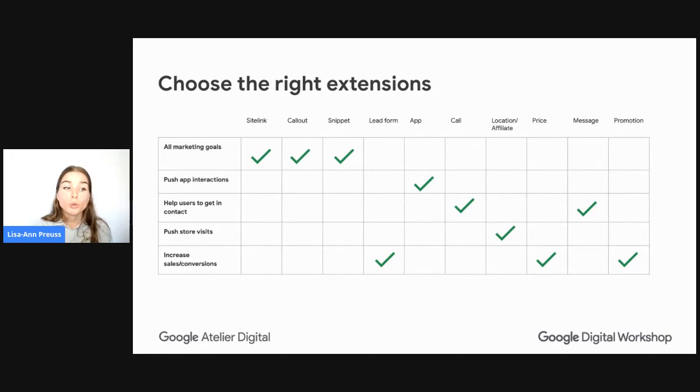For those who want to help users get in touch with them, there's the call and the message extension. For those of you who want to push store visits, there's the location or the affiliate location extension. And for those who want to increase sales or conversions, why not add the lead form, the price, or the promotion extension?